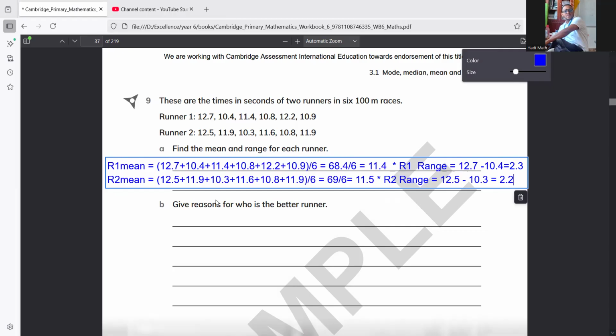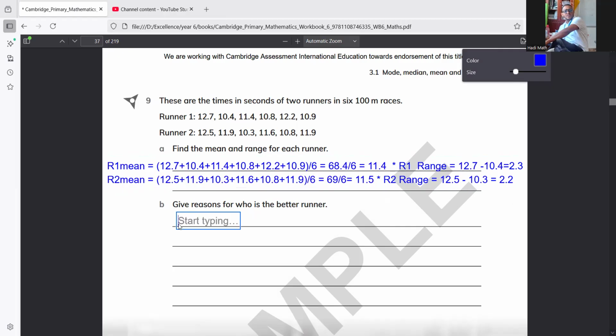Let's give reasons for who is the better runner. How to know? Look at the mean.